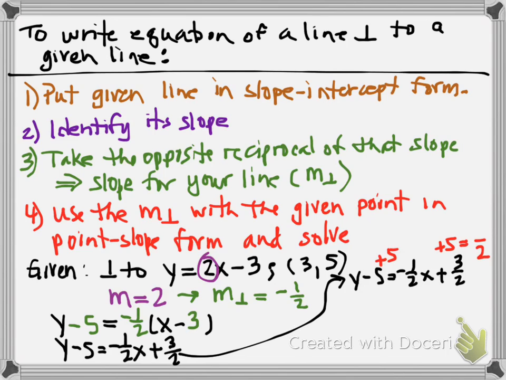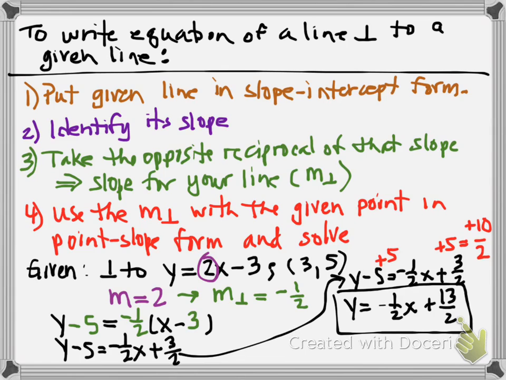What would be the fraction that has 2 in the denominator that has the same value as 5? Michael? What would the numerator be? Yeah, so we've got a positive 10 over here. So finishing up, we get y equals negative 1/2 x, and then 3/2 plus 10/2 is 13/2. So that's going to be what all of those problems in the book are going to be like.